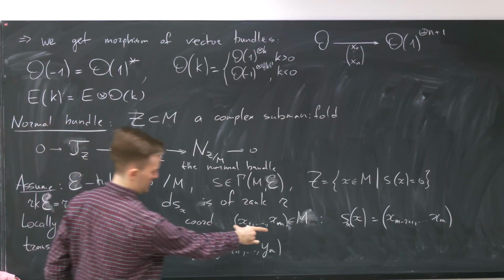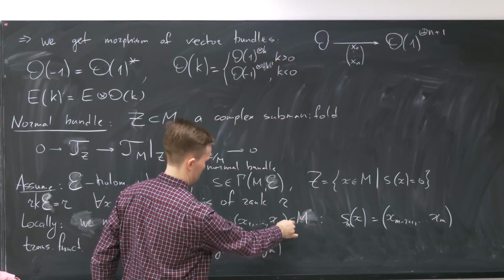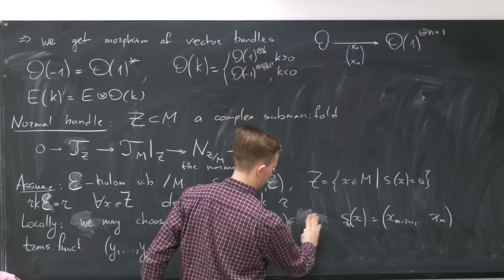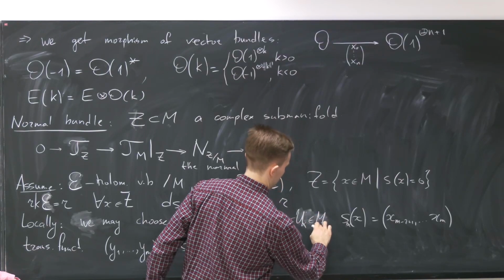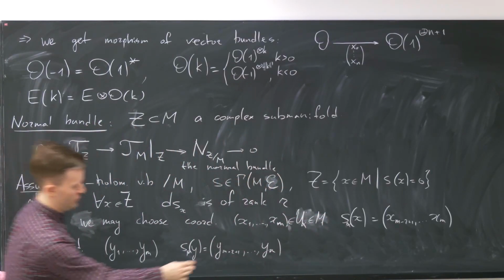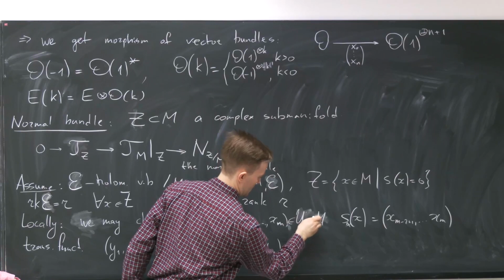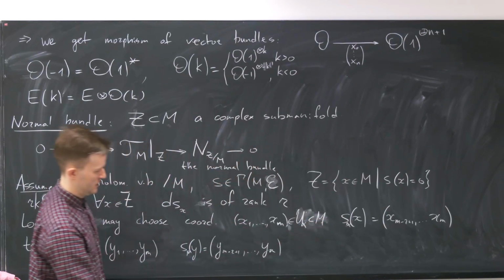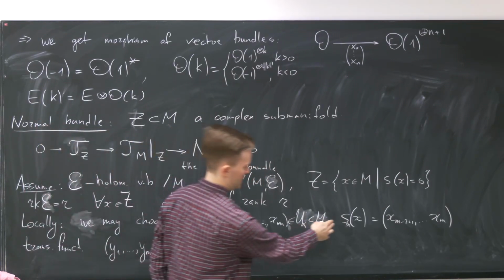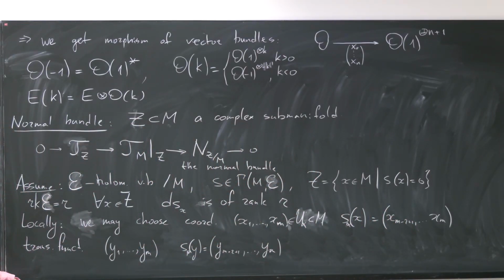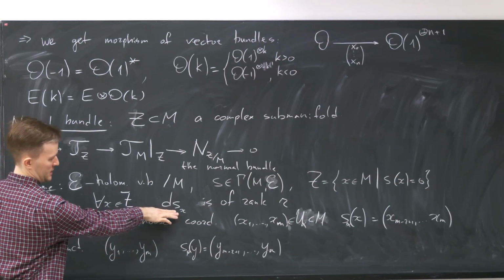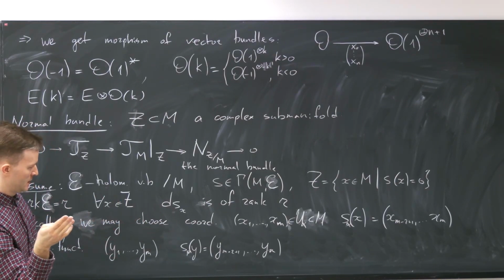So the coordinates are in some open subset U alpha in M. Then in this open subset, my bundle trivializes, and this section is given just by R holomorphic functions, and I may choose the coordinates because of this condition that the rank of the differential is maximal.